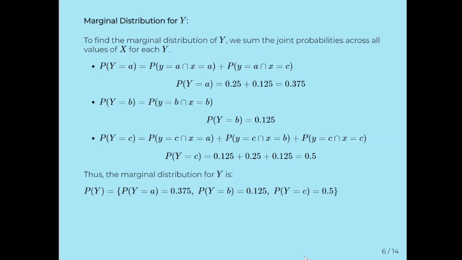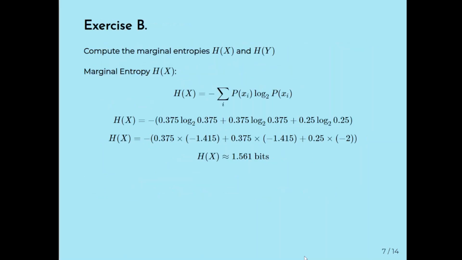Now what we have to do is calculate the marginal entropies H(X) and H(Y). For H(X), we take minus the summation of p(xi) times log base 2 of p(xi), essentially the probability for each symbol times the logarithm of that probability.